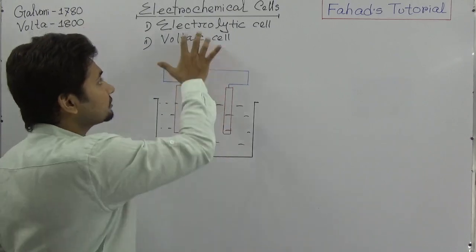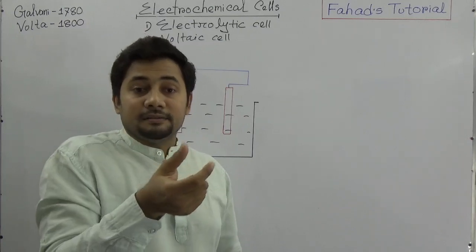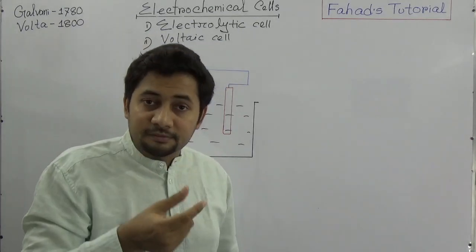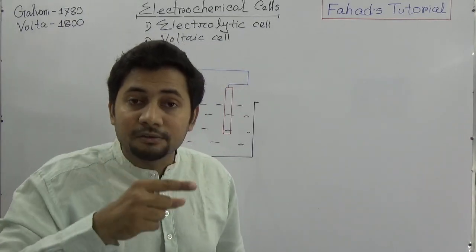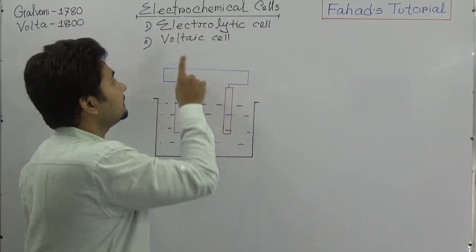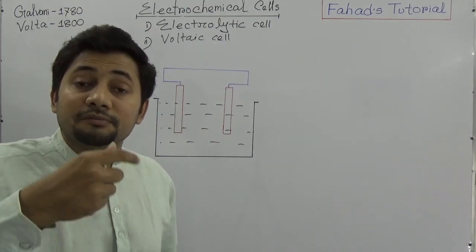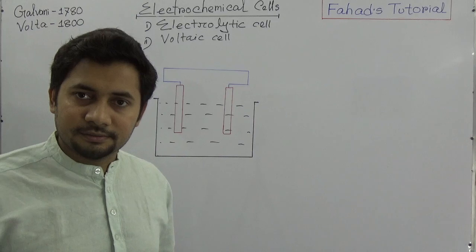Simply, in an electrolytic cell, electricity will be provided from an outer source to undergo the chemical reactions inside. But in a voltaic cell, electricity will be produced from the chemical reaction.